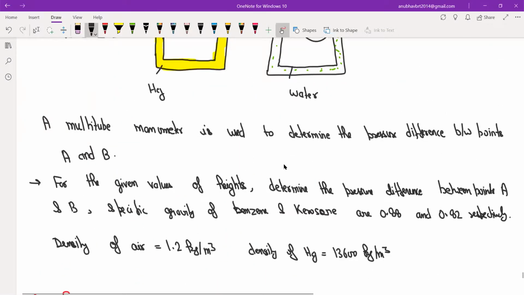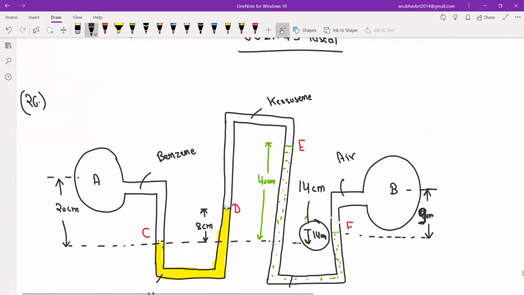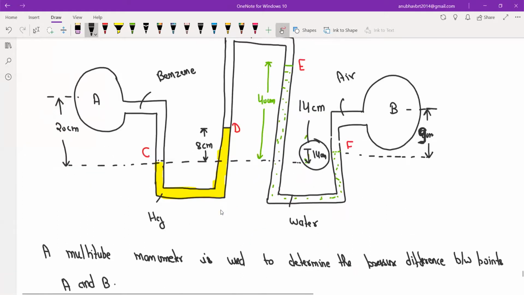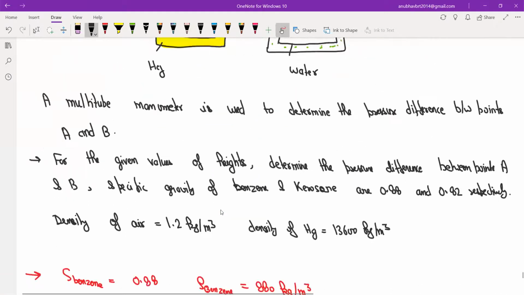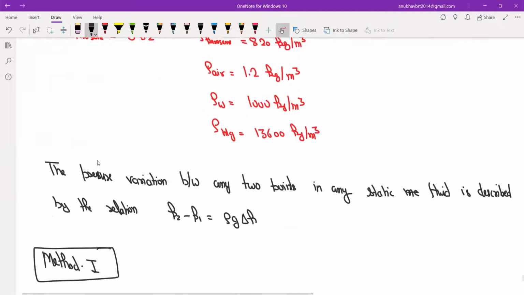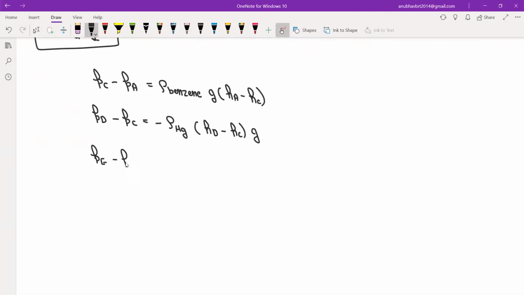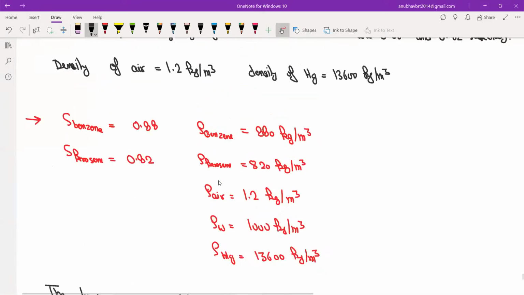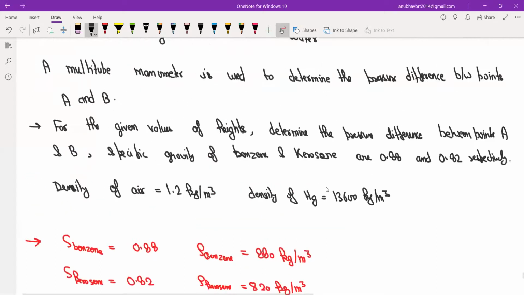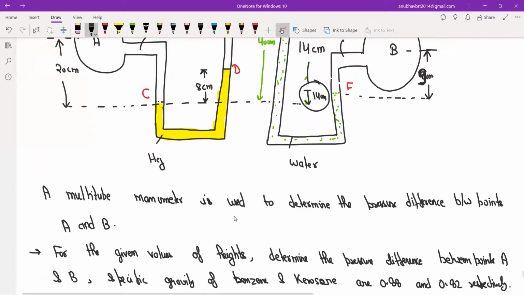In similar manner, again between D and E, E point is above D, then it means again negative, or we need to subtract. We can write PE minus PD is equal to minus of rho of kerosene into HE minus HD into G. Then E and F. F point is below E, it means we will add.